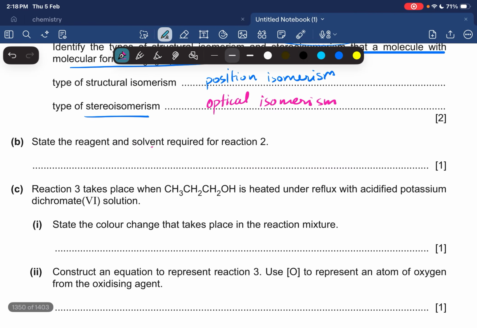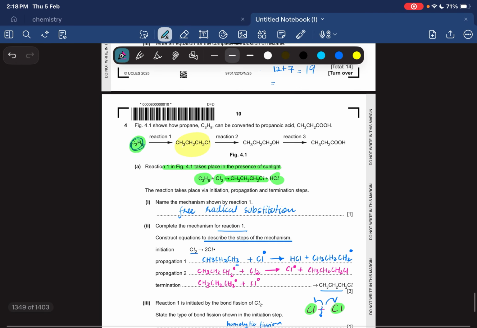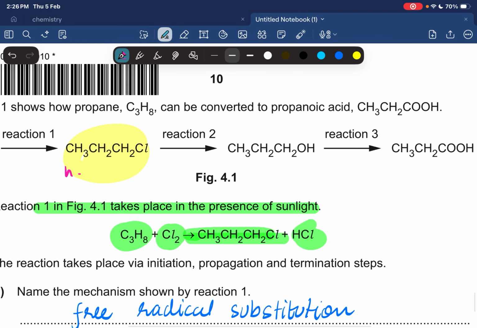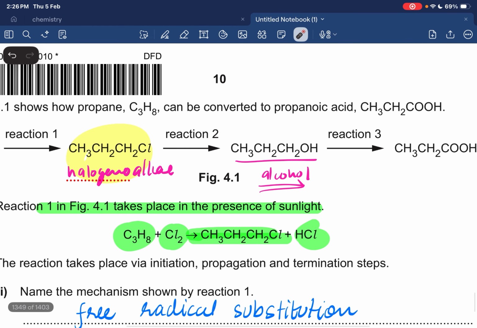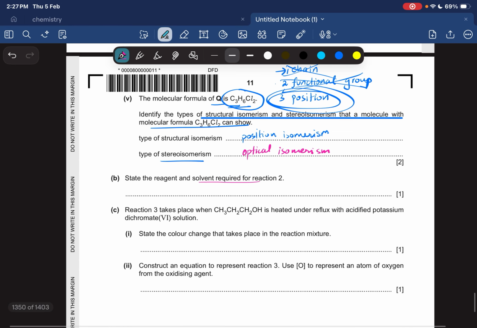State the reagent and the solvent required for reaction 2. What's happening in reaction 2? We have this thing over here, and then we're converting it into an alcohol. Halogenoalkane to alcohol, right? So what do we do when we have a halogenoalkane and have to convert it into an alcohol?